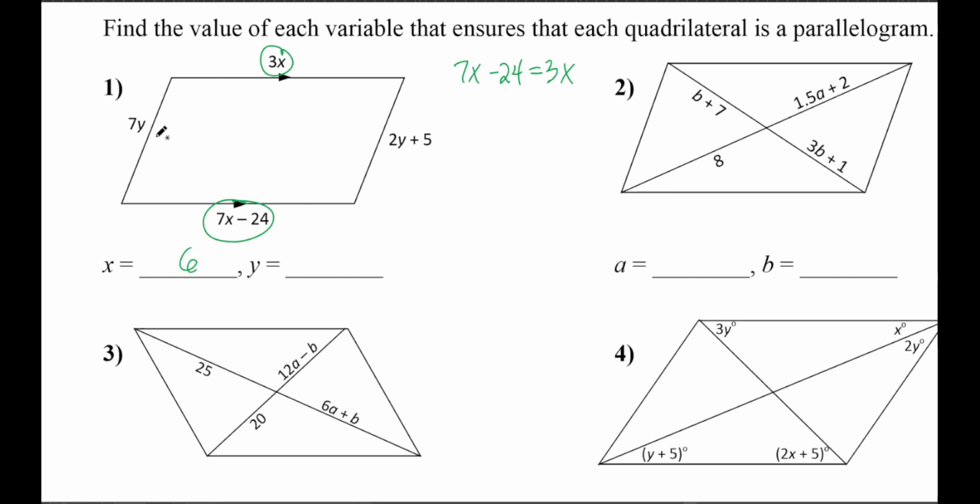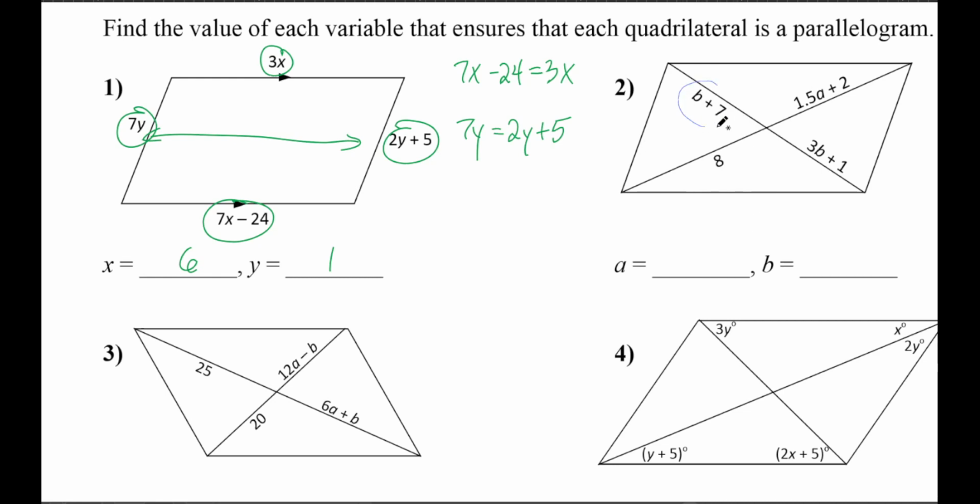How do you find y? Well, look at this. These two right here. Do you see those two? They're across from each other, so what's true about those? They're equal. So how do you set that up? 7y equals 2y plus 5. And then once you do that math, you get a 1. Right? You do the math. What about here? What's true about the diagonals of a parallelogram? They bisect each other.